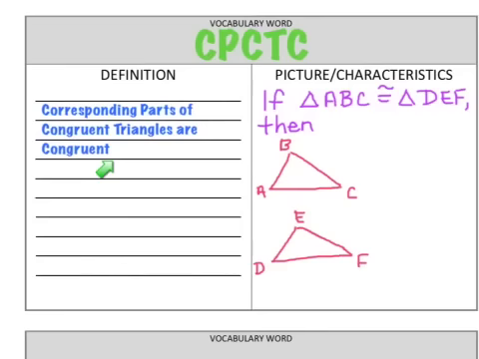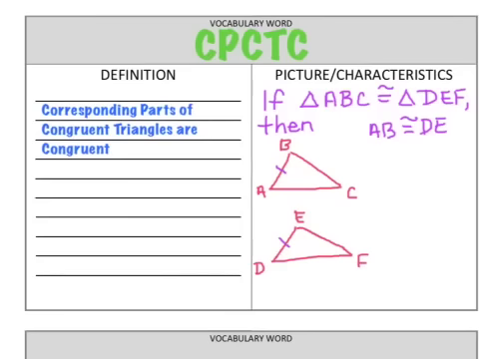So it turns out if triangle ABC is congruent to triangle DEF, that means they're the same size and shape. If we know that that's true, then the corresponding parts of those 2 triangles are congruent too. So side AB has to be congruent to side DE.